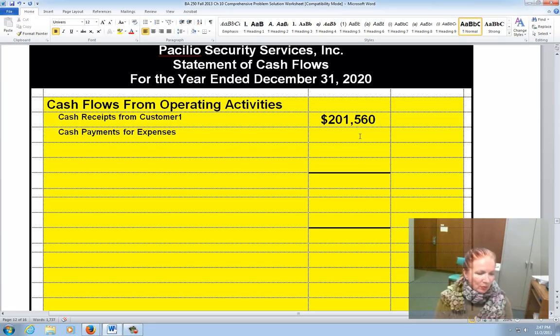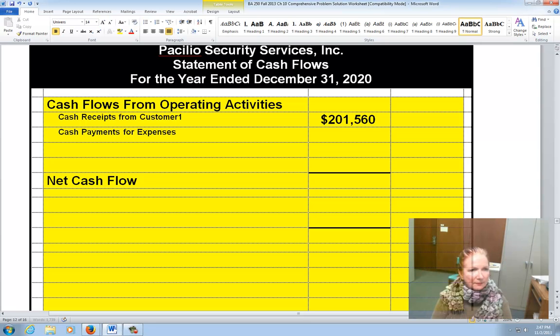When you look at those, you'll get your net cash flows from operating activities here, and of course that'll be over in here when you get that total.